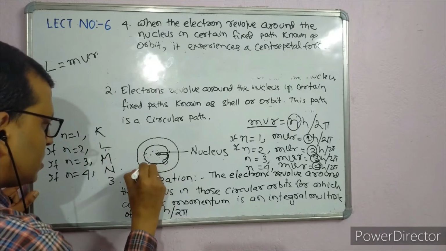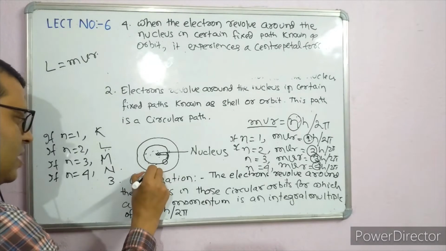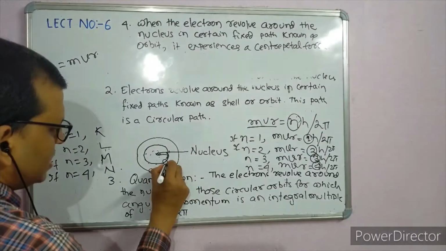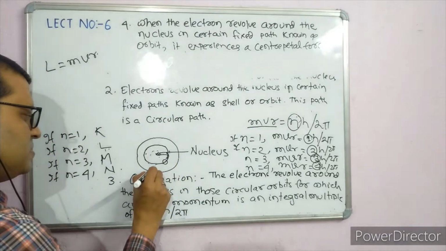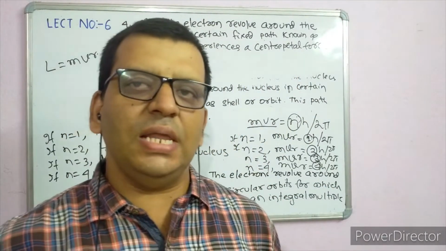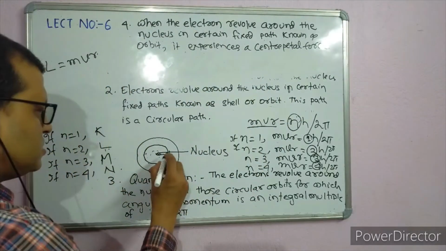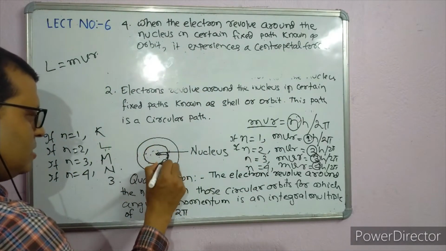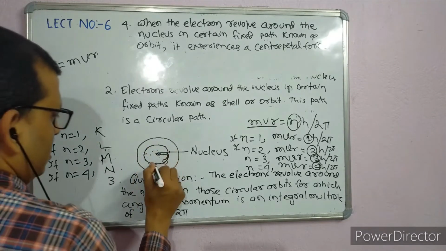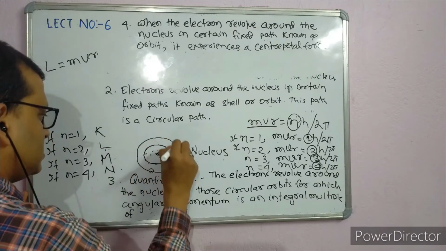This electron should remain in this orbit till the time it possesses the energy of this shell. The energy possessed by this shell is different from the energy possessed by this shell. As we go up, the amount of energy possessed by the shell increases. So the energy possessed by the electron present in this shell is less than the energy possessed by this shell.